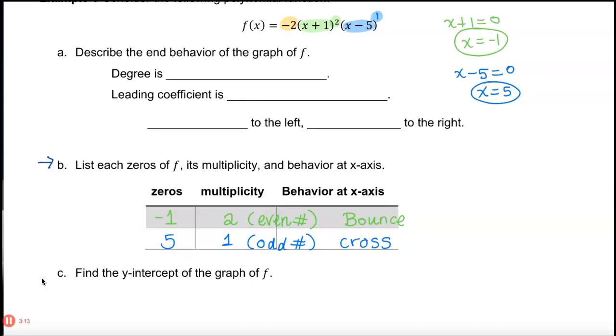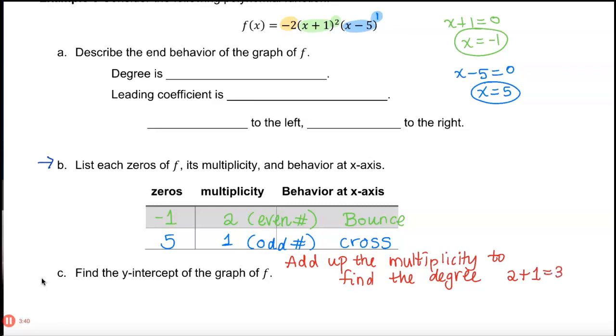Now, add up the multiplicities to find the degree of this polynomial. If you add 2 plus 1, you get 3, so the degree is 3.